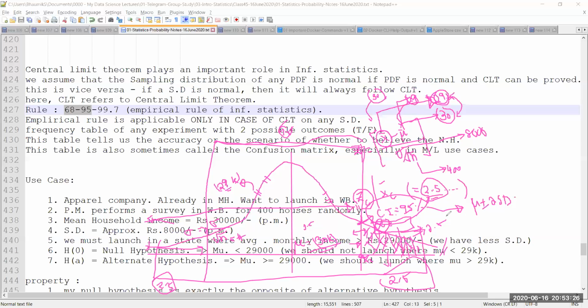If this is 2.5 and my z value is falling directly on this line or anything beyond this point, this is my interest area. So then I can simply reject the null hypothesis.